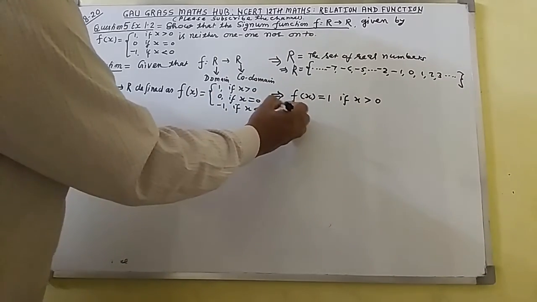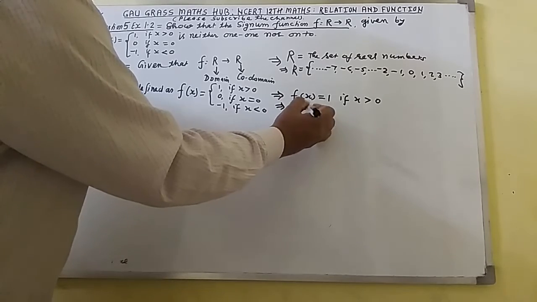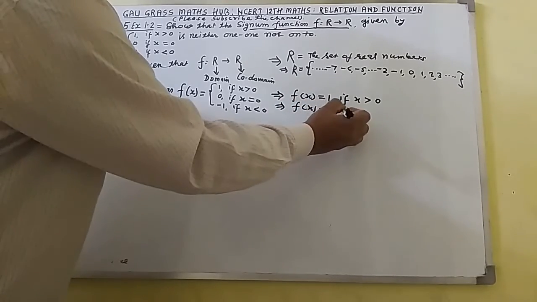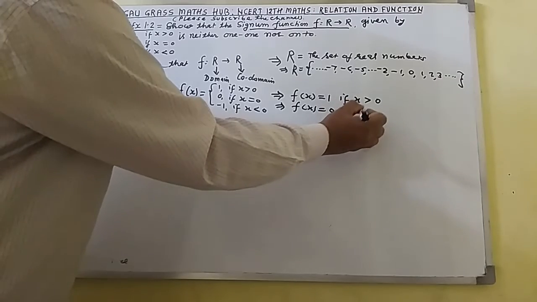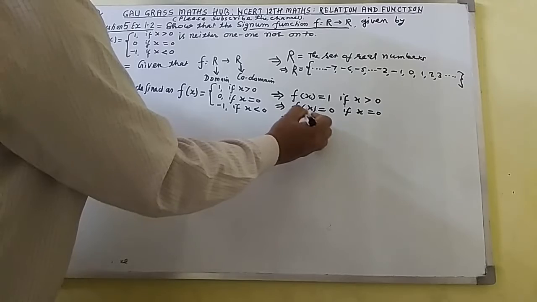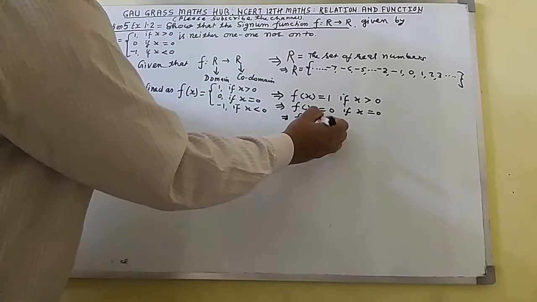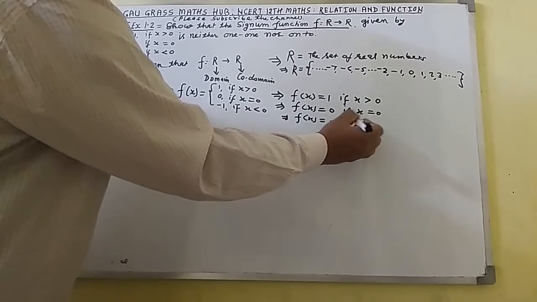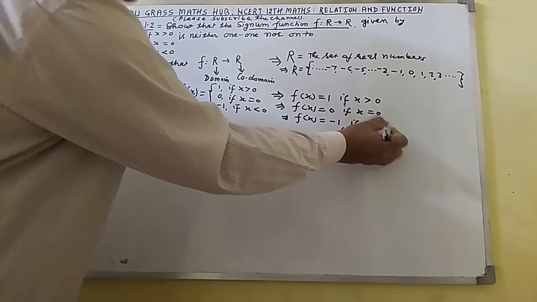It implies f(x) is equal to 0 if x is equal to 0. Here you can write f(x) is equal to -1 if x is less than 0.